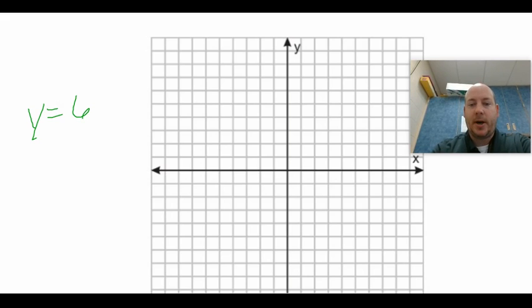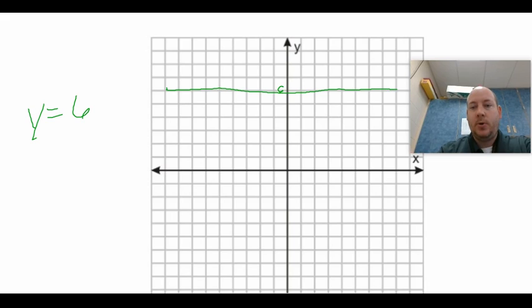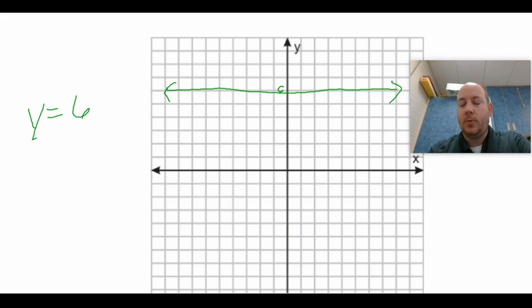If I look on my y-axis, 1, 2, 3, 4, 5, there's 6. Anything that goes through the y value of 6 is going to work for that equation. It doesn't matter what the x is. X could be anything. We just want a y value of 6. So you've got that horizontal line there through y equals 6.